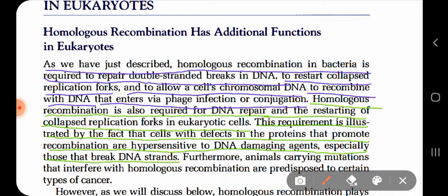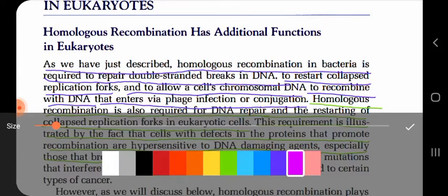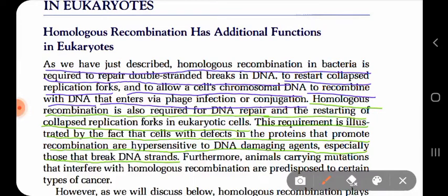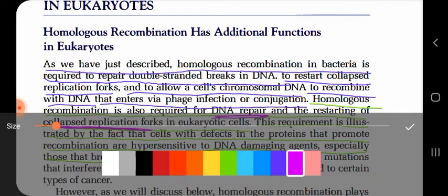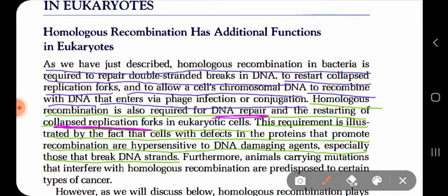Right? So homologous recombination in eukaryotes is specifically required for DNA repair and for collapsed replication forks in the eukaryotic cells.